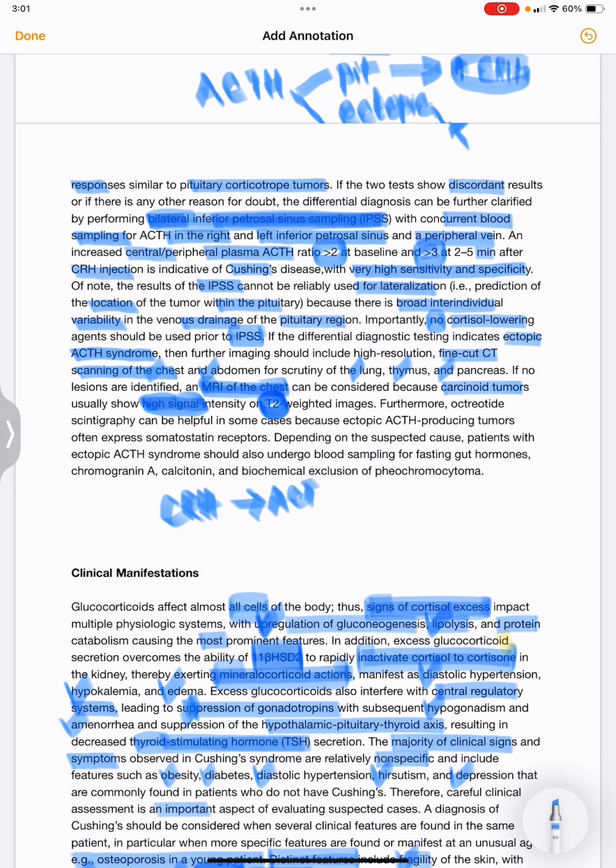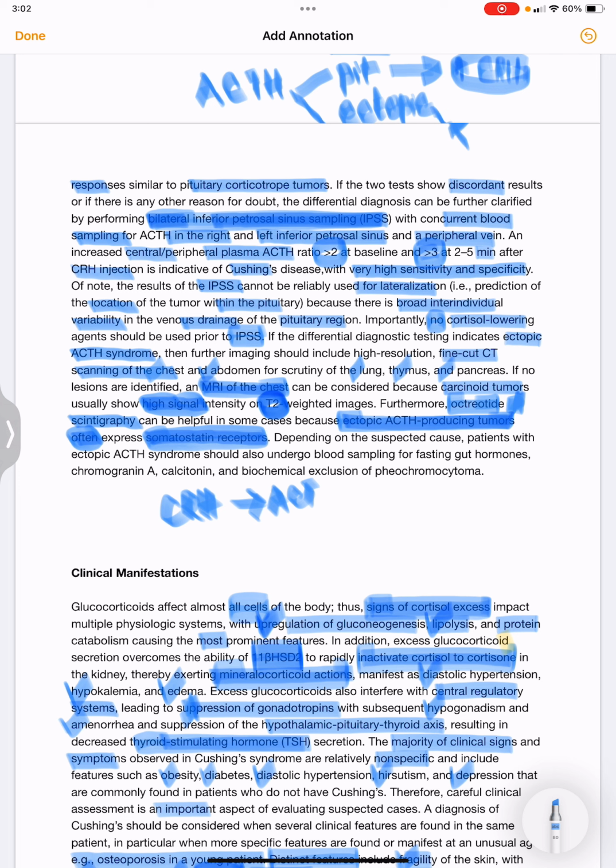Furthermore, octreotide scintigraphy can be helpful in some cases, because ectopic ACTH producing tumors often express somatostatin receptors.